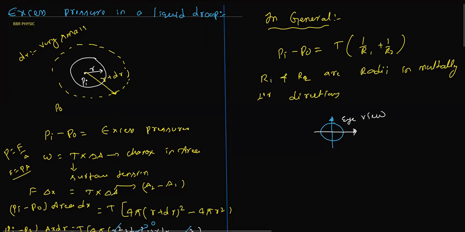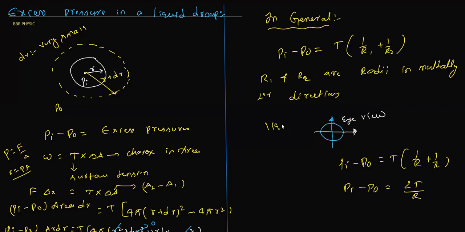For this case, this direction is R and this direction is also R. 1 by R plus 1 by R is nothing but 2 by R. Therefore, Pi minus P naught equals T into (1 by R plus 1 by R), which is 2T by R. This is how we get the general formula for a liquid drop.